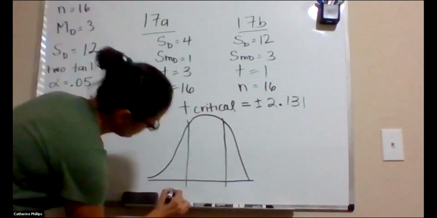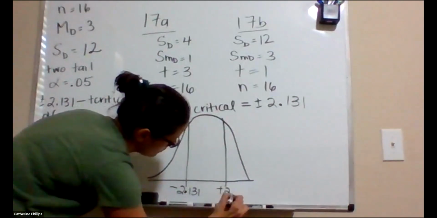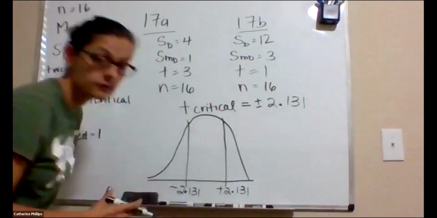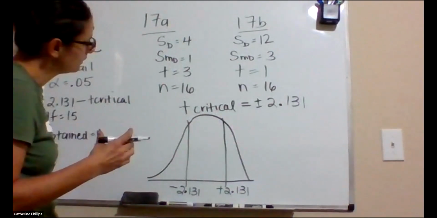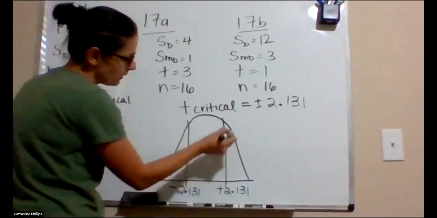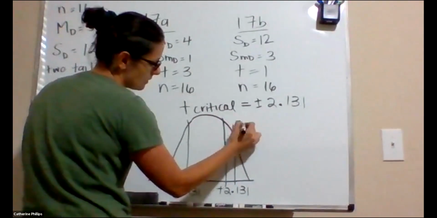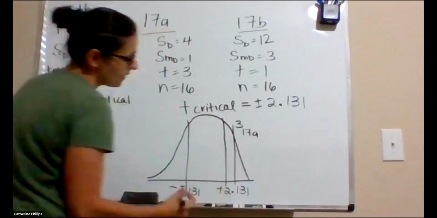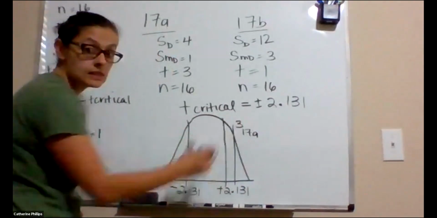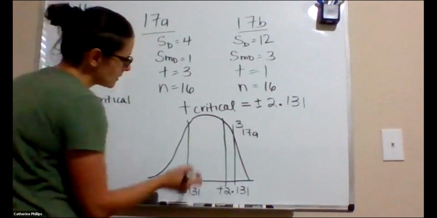Initially, so we have negative 2.131, positive 2.131, right? So initially, the value we calculated was out here, it was 3. That was for 17A, right? So 17A, we calculated a t, and it was out in that critical region, and we rejected the null hypothesis.